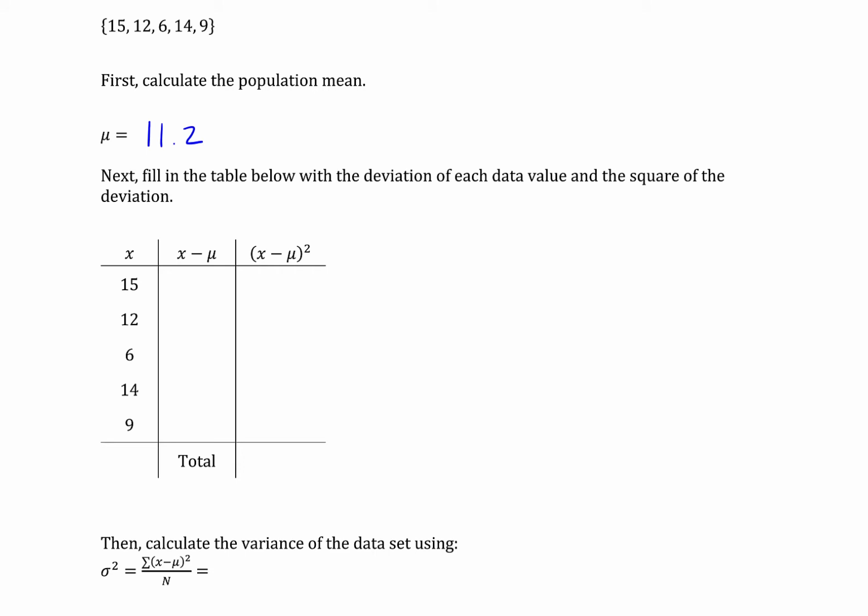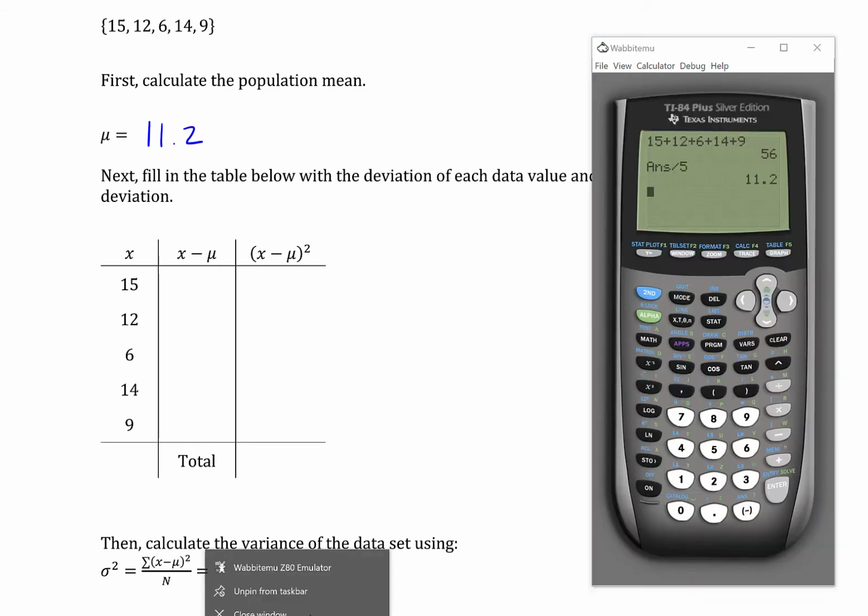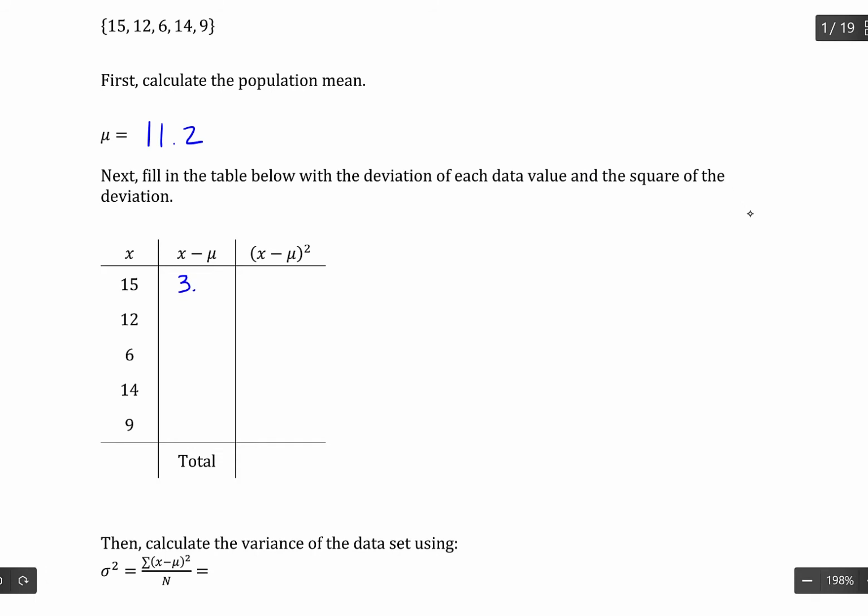So to find a deviation, I just need to take each individual data item, so 15 is the first one, and then subtract the mean, which is 11.2. And that's going to tell me how far away that data item is from the mean. So it is 3.8 units above the mean, and that is positive because it's above the mean.